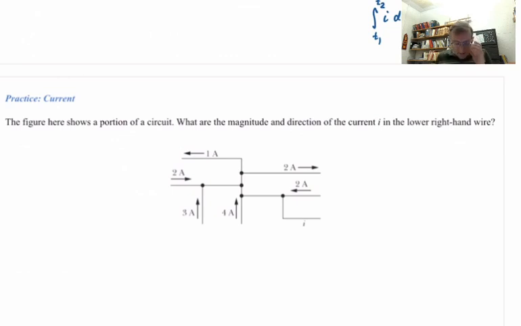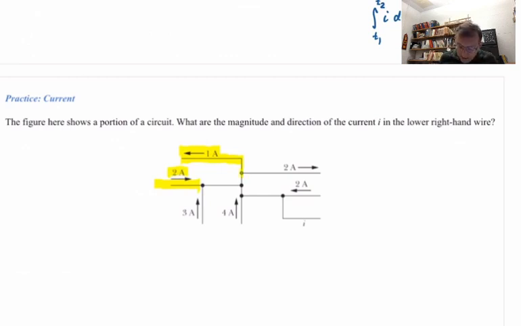What this figure is showing us is, in certain wires, what direction the current is in, and what the value of the current is in amperes. So for example, in this wire up here, there's a current of 1 amp going outward that way. In this wire right here, there's a current of 2 amperes going inward, and so forth.